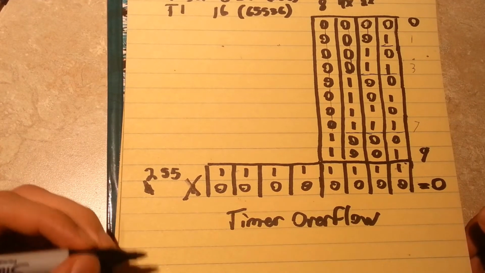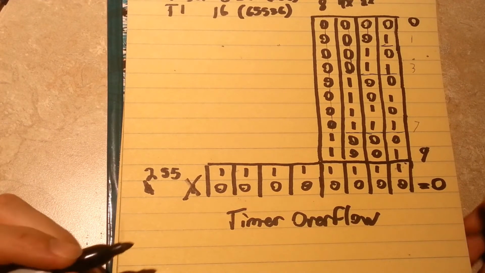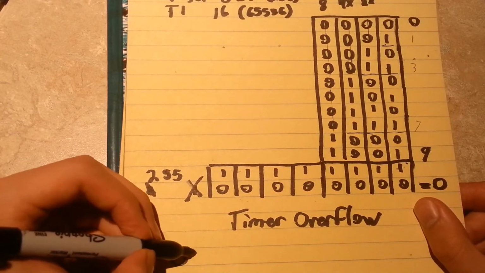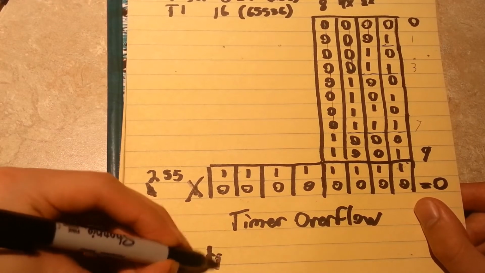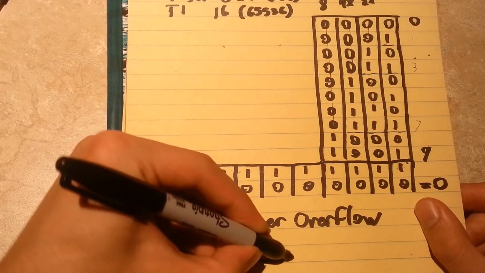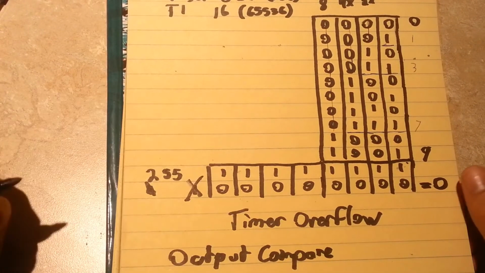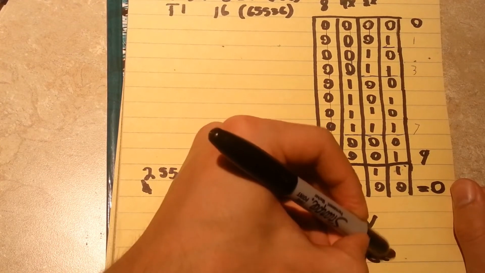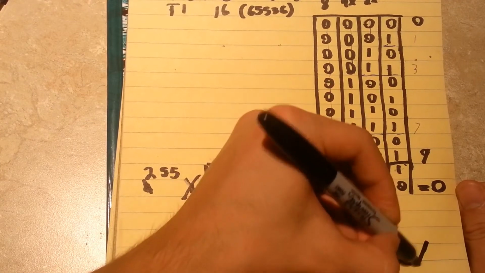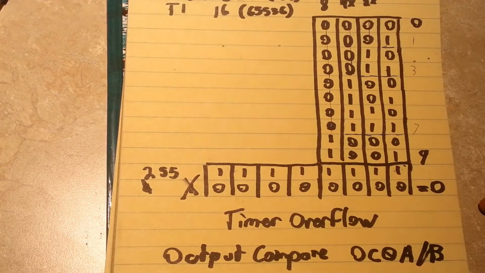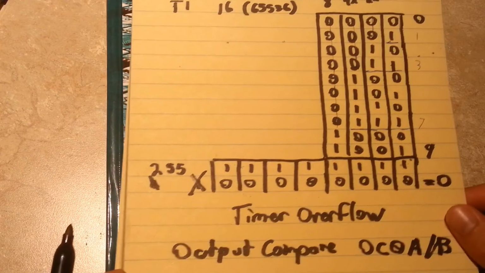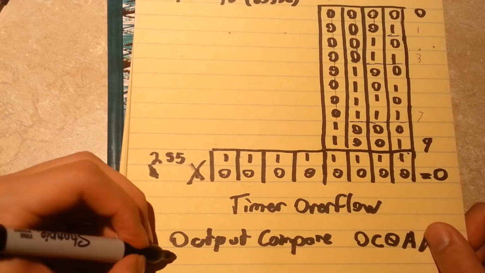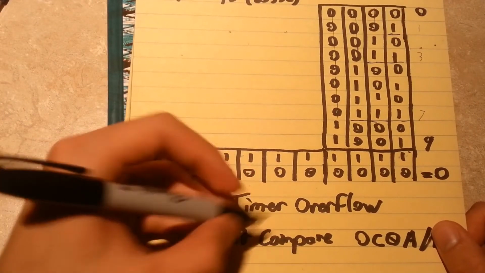Each timer module on the Atmega 328 has 2 output compare units. Okay, so timer 0 has output compare 0 A and B. Timer 1 has an A and B, timer 2 has an A and B. The purpose of an output compare unit is to, there's an output compare register.